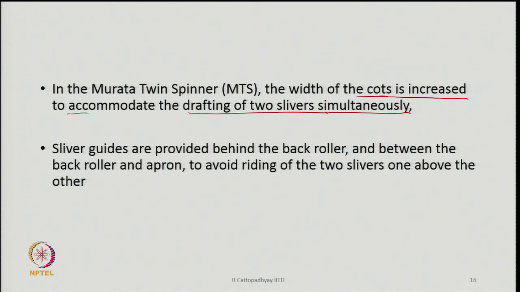Therefore, the width of the drafting rollers has to be more, because 2 slivers have to be fed together. Sliver guides are provided behind the back roller and between the back roller and the apron to avoid riding of 2 slivers one above the other. Some guidance is required so that they never get entangled between themselves. That is the important thing.